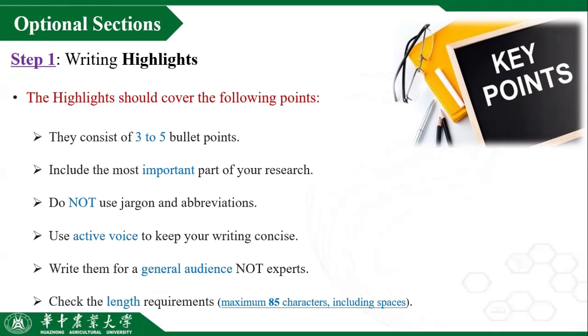We will show an example as well. When writing the highlights, try to make them simple to be understandable by the general audience, and check the length. Most journals require a maximum of 85 characters, including spaces.